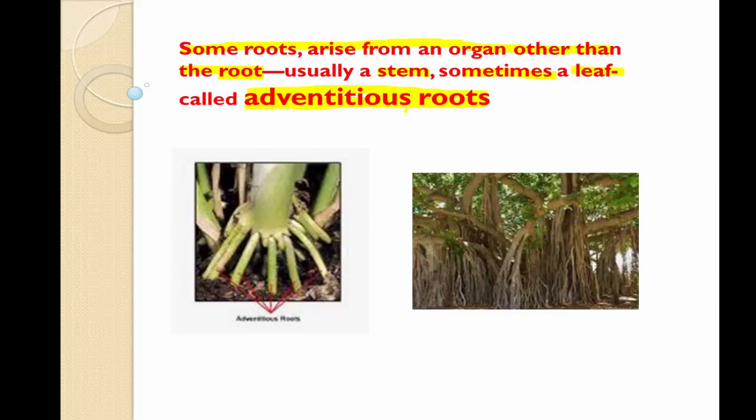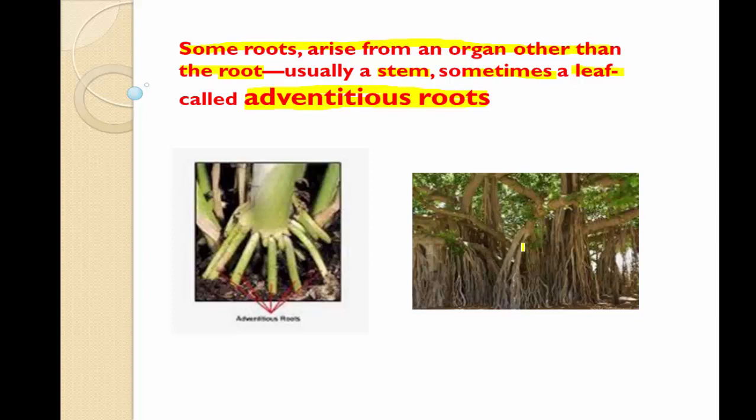And adventitious roots are mainly developed for the purpose of mechanical support. Here in the banyan tree you can observe the branches of the plant are huge. It grows in a wide way. The size of the tree is much larger as compared to other trees.